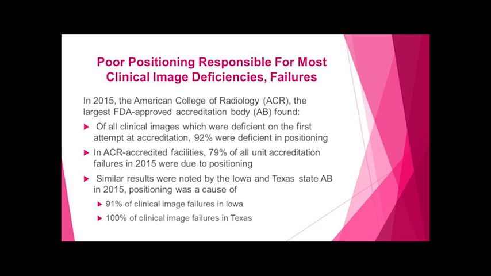And a lot of the continuing education opportunities for technologists are about positioning, but unfortunately, a lot of them don't have that hands-on component. And so when there are deficiencies and in a corrective action plan, they're requiring technologists to do additional training.